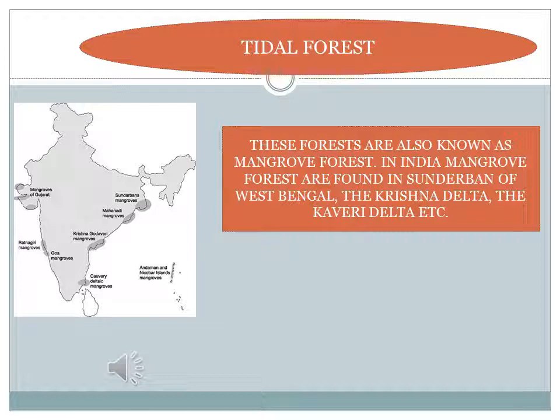The roots of these trees cannot breathe properly, so they developed breathing roots or pneumatophores. They have stilt roots to give support to the plant. The forest gets submerged by tidal water during high tides and so is called tidal forest.